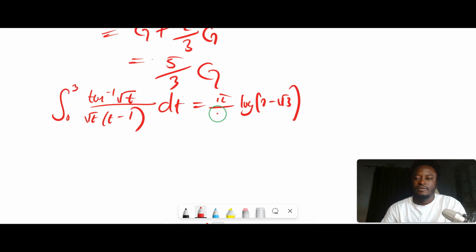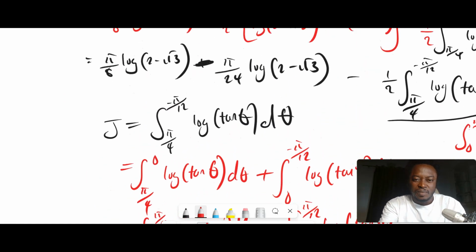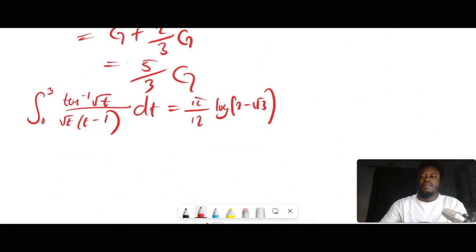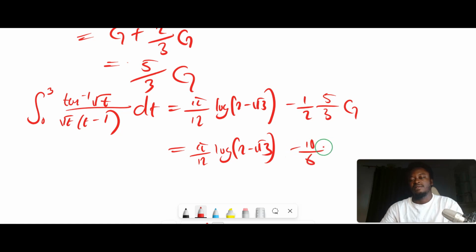Okay, now minus 1 over 2, minus half times 5 over 3 G, which is pi over 12 times the logarithm of 2 minus square root of 3 minus 10 over 6 G.